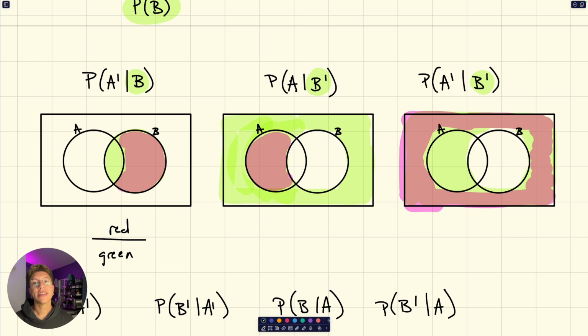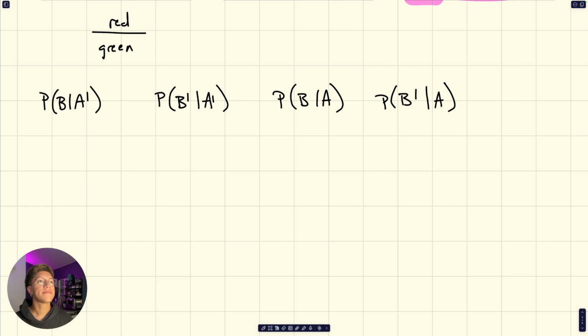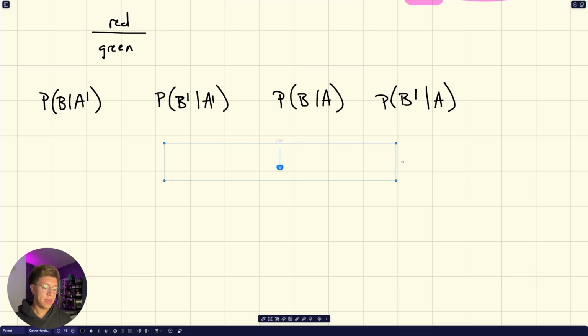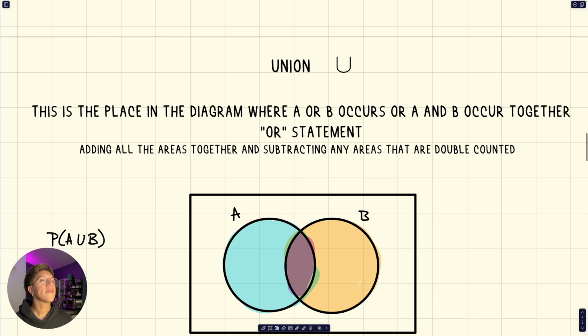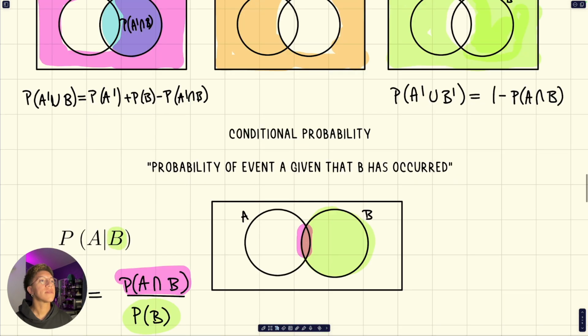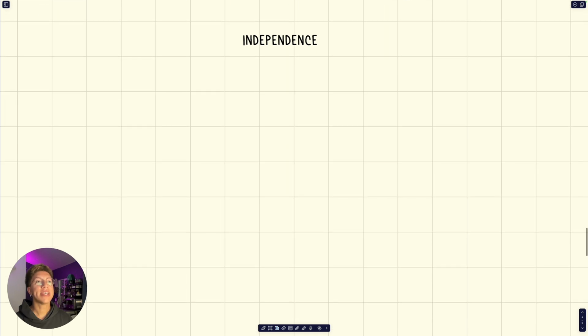All right, that brings us to independence as our next topic. Independence, let's see, did we do the formula for conditional probability? Yes, we did. Okay, cool. Independence is asking the question, are these two things dependent on each other?